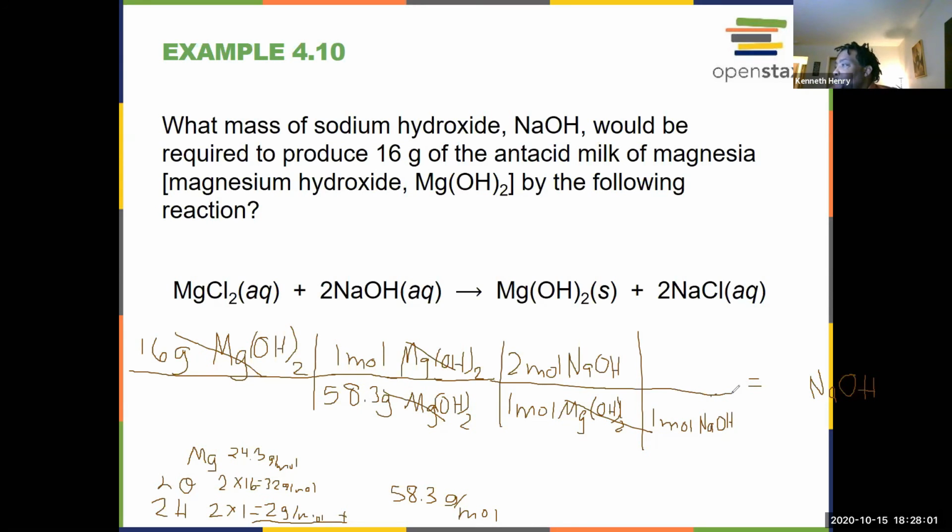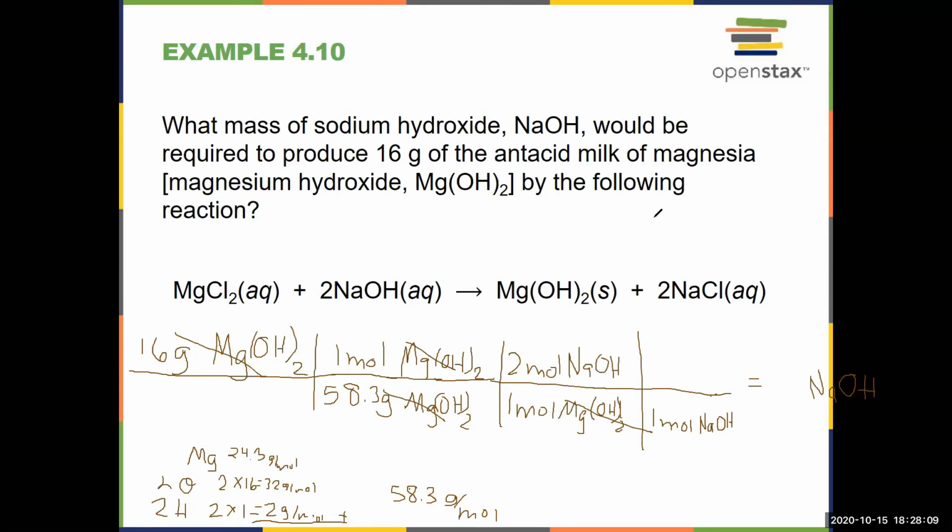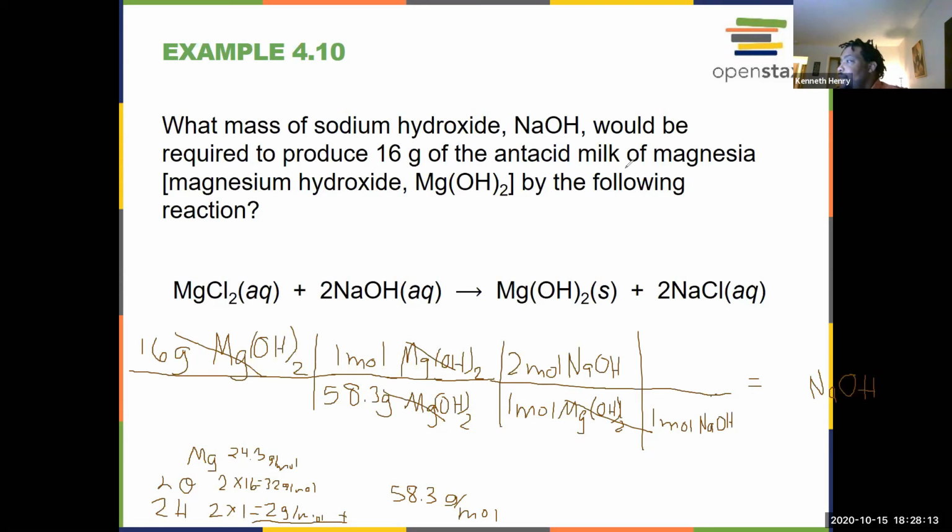From the periodic table, of the elements. Okay, so sodium is 23, oxygen 16, and hydrogen 1.